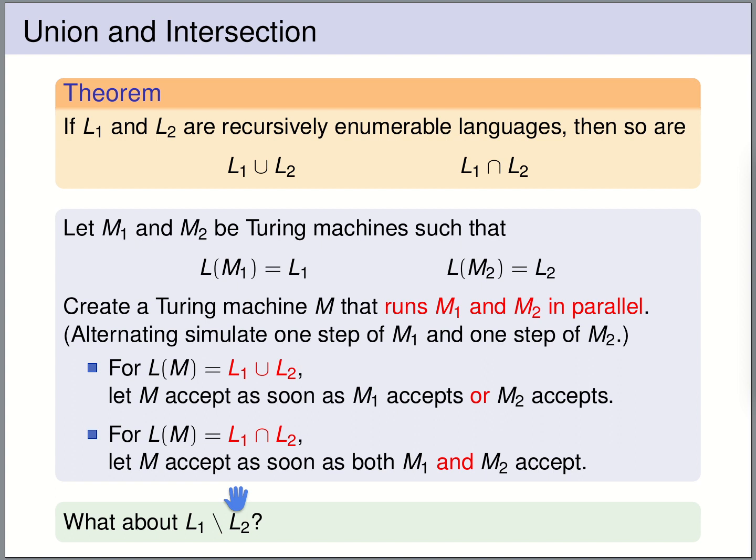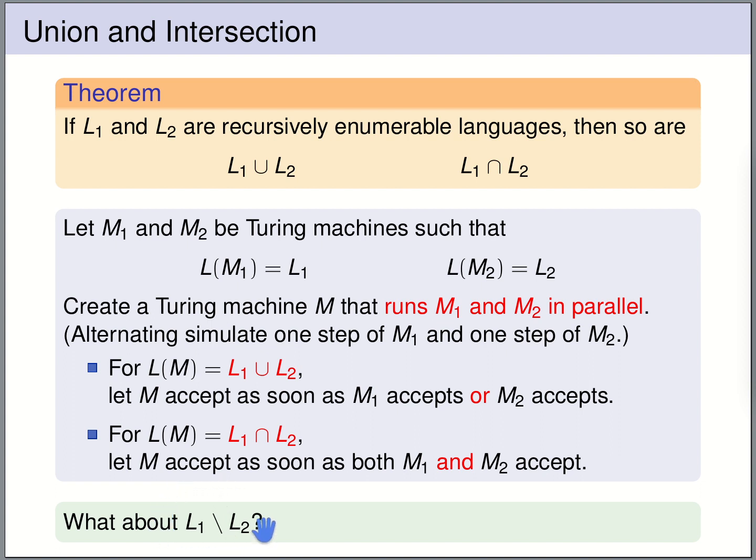And how should we figure that out? A word can be not in L2 if either the machine M2 reaches a non-accepting halting state, or if the machine M2 computes forever. But we cannot know whether it will compute forever, so we can never be sure that the machine M2 does not accept a certain word.